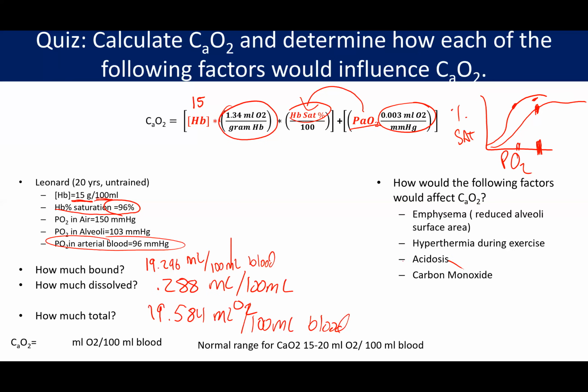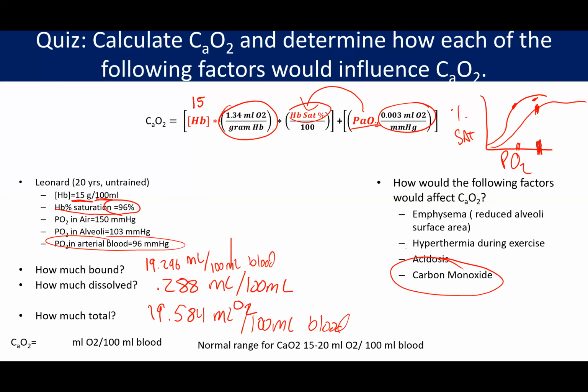Carbon monoxide is an interesting one. Carbon monoxide, it binds to hemoglobin also. And unfortunately for us, hemoglobin has a much greater affinity for carbon monoxide than it does for oxygen. So when presented with the choice of either binding oxygen or carbon monoxide, it'll bind carbon monoxide. That stinks because when we try to make ATP at the level of the mitochondria, we don't want to use carbon monoxide.